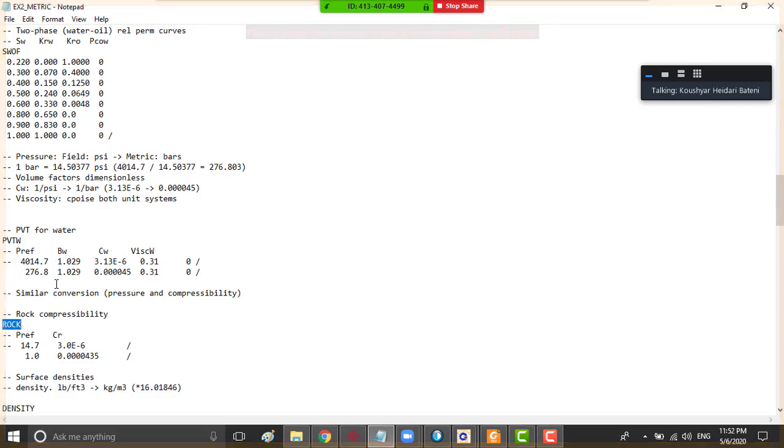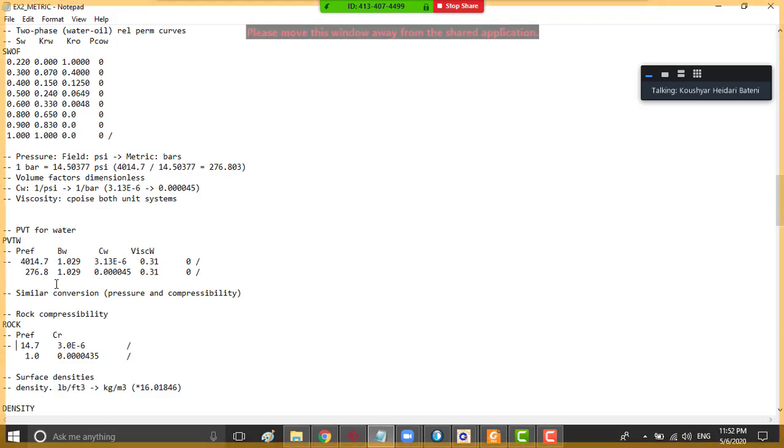Now, in the data file that I gave you, at the reference pressure of 14.7 psi, the rock compressibility of the reservoir was 3.0 times 10 to the power minus 6.